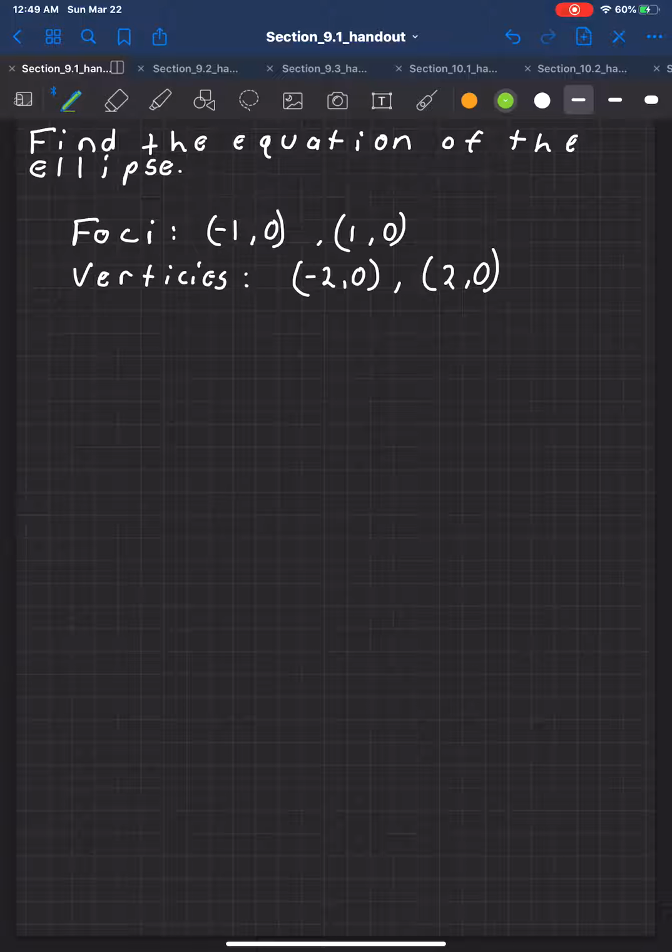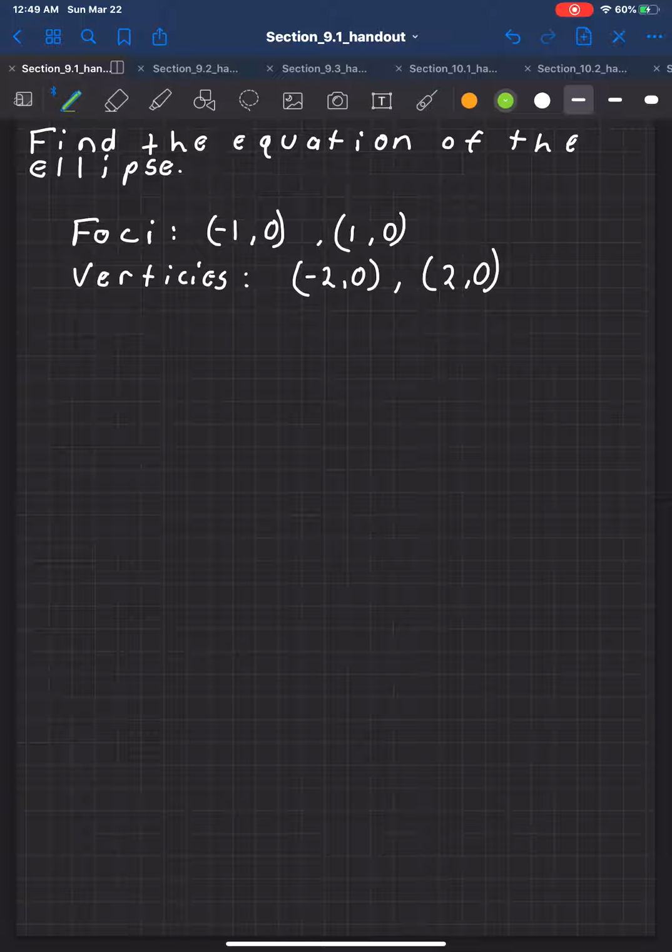Those are the two varieties of questions. So we're asked to find the equation of the ellipse given the following focal points and the following vertices.